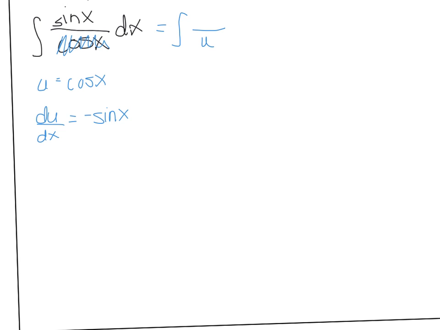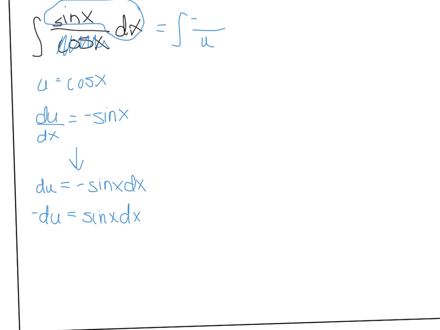And then I would love to have something that's exactly equal to sine x dx, and we'll get that from here. So du is equal to negative sine x dx, therefore negative du must be equivalent to sine x dx. So I will write negative du up here, which takes care of everybody here.